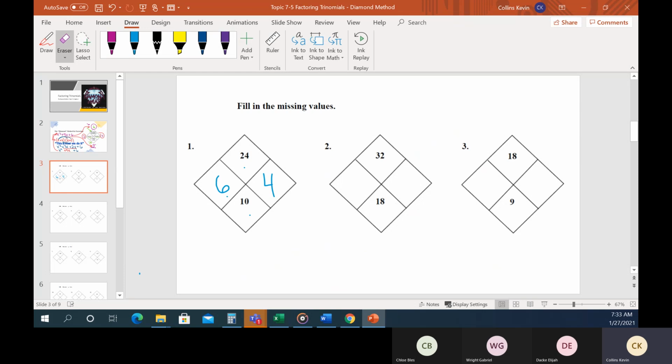So what are some factors that you can multiply together and give you 32? Sometimes it helps just to list those out. Okay, 7 times 4 is 28. So what's something that gives us 32?